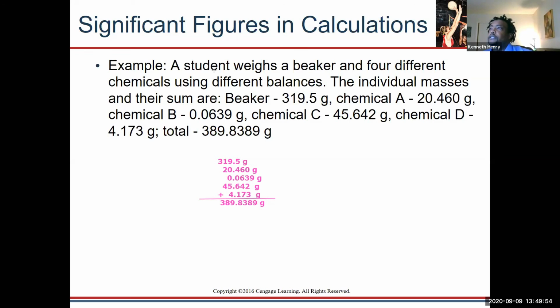Okay, so where would I draw my lines? For the first number, after the 5. Second number, after the last 0.